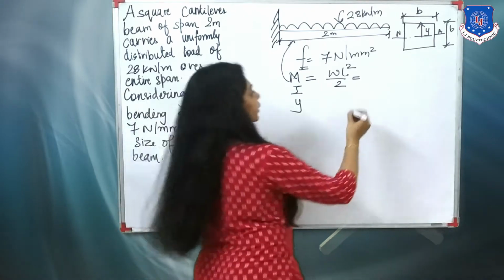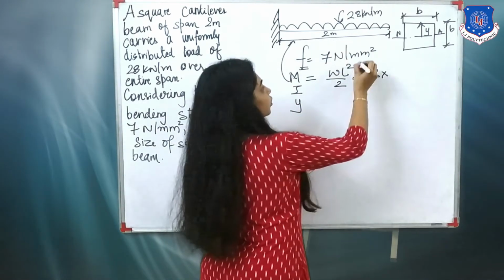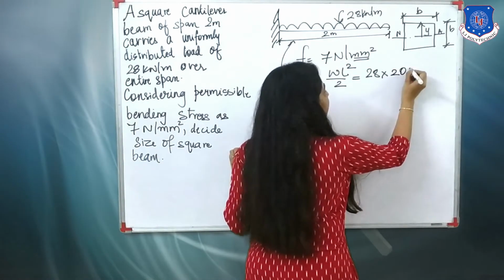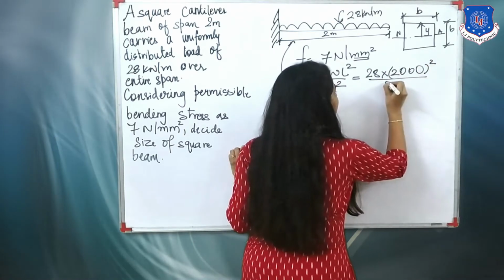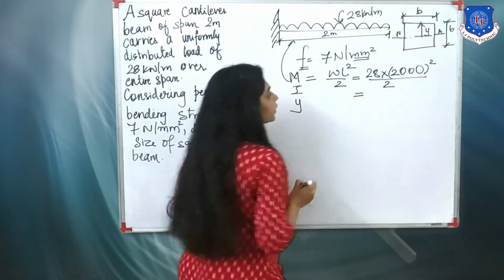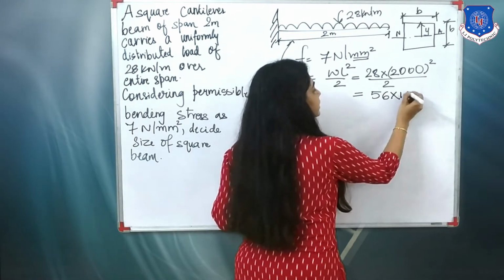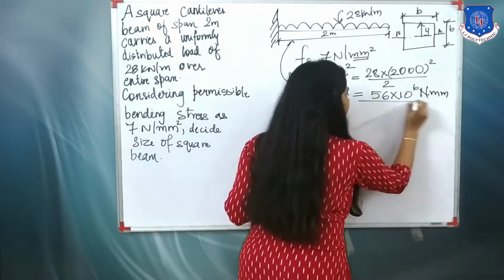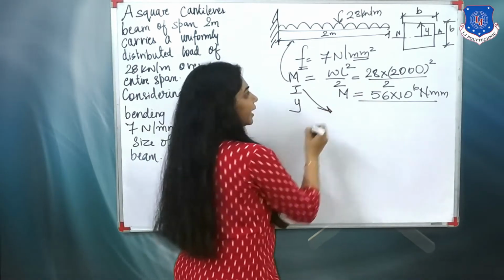Now substituting the value, which is 28 instead of W, and because I want it in mm, I will write 2000 square upon 2. So over here my value of M will be 56 into 10 raised to 4 Newton mm.